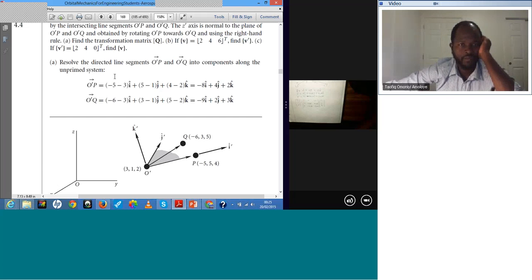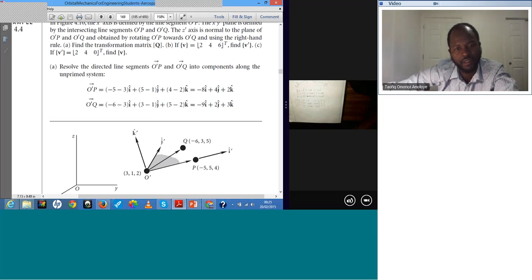In order to find a transformation matrix, we are going to resolve the directed line segments O prime P and then O prime Q into components along the unprimed system.